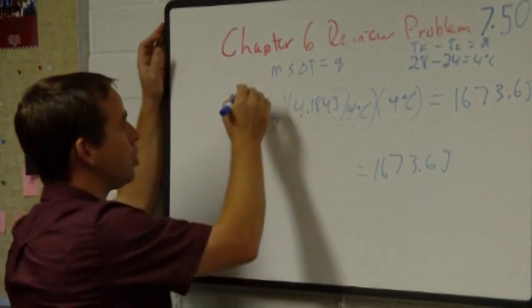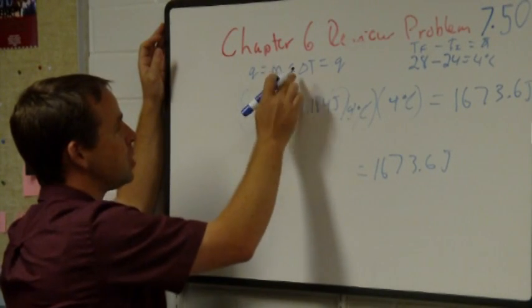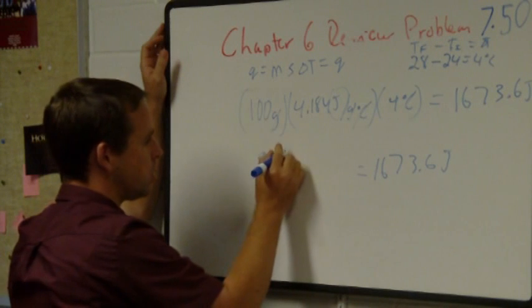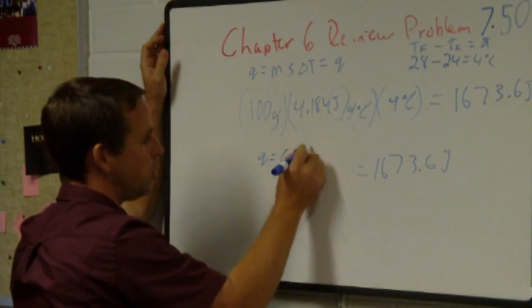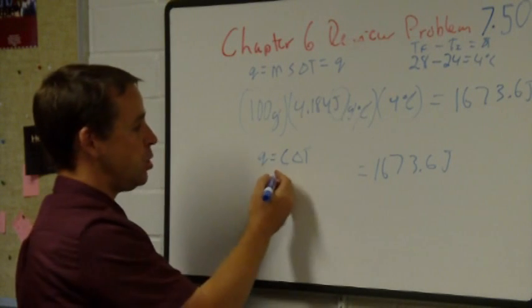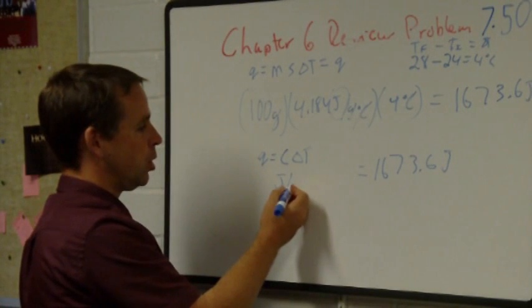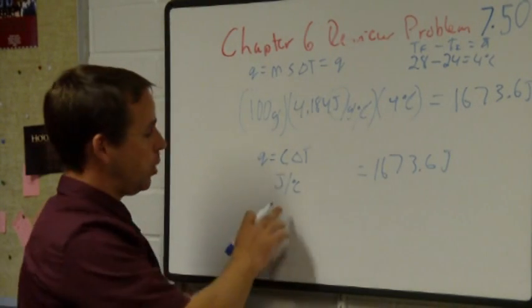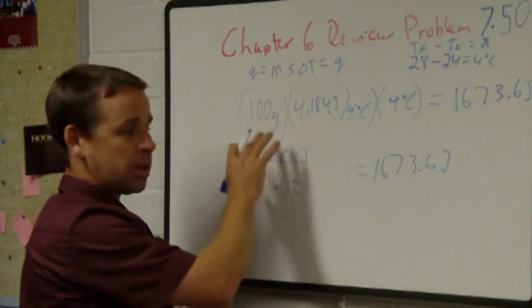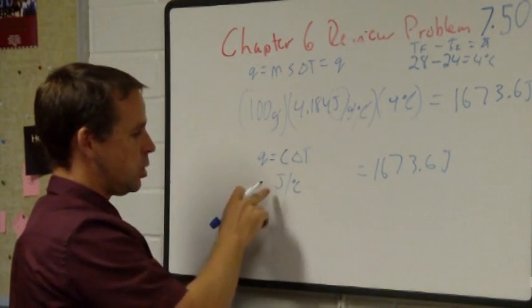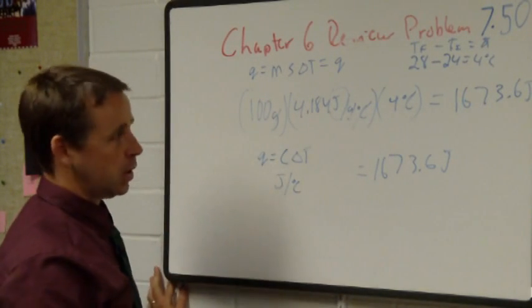All right, so Q equals ms delta T, or we can also have Q equals C delta T, where C is the heat capacity of some system. Heat capacity just has units of joules per degree Celsius. We don't know how many grams or anything about that specific system necessarily. We just know its heat capacity, which is joules per degree Celsius.